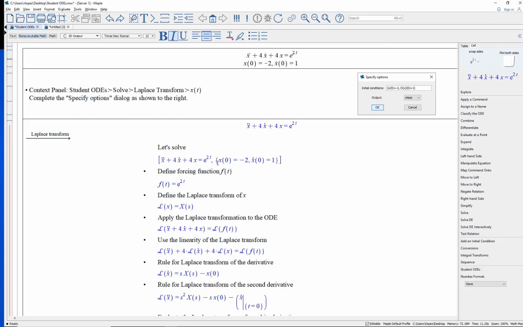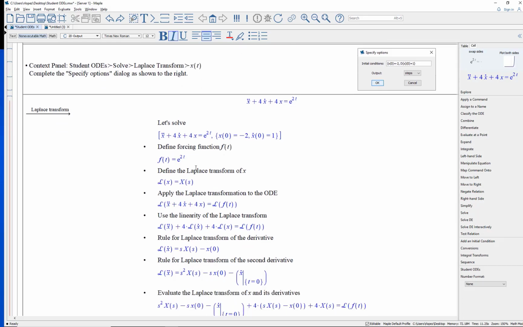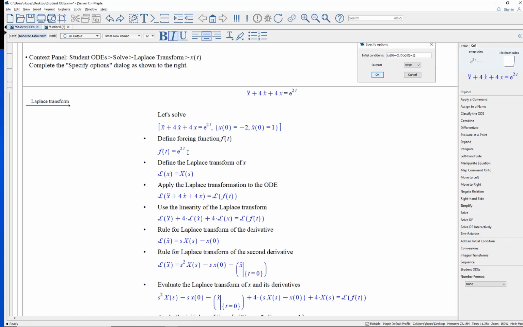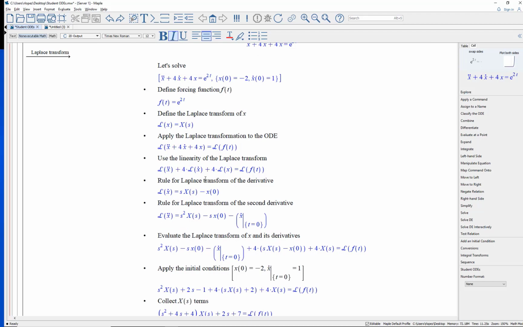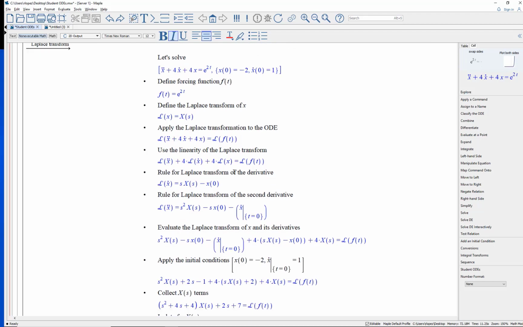So Maple says we're going to solve this problem. It lets the forcing function be f of t for a while. It says the transform of little x is big X of s, applies the transform to both sides, breaks it up by linearity.